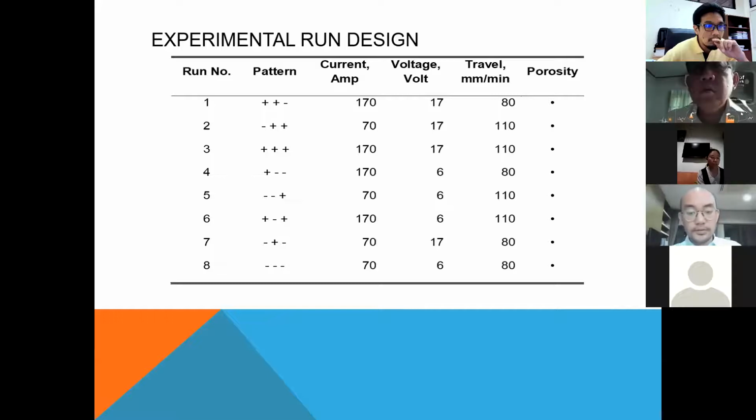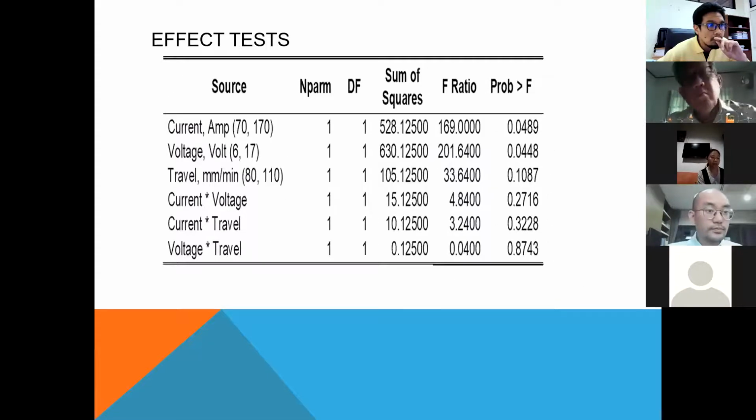So porosity was left blank, as it will be filled with the count of porosity after running each combination of either low or high setting in each variable. So positive means that the variable has to be set high, while negative means that the variable has to be set low.